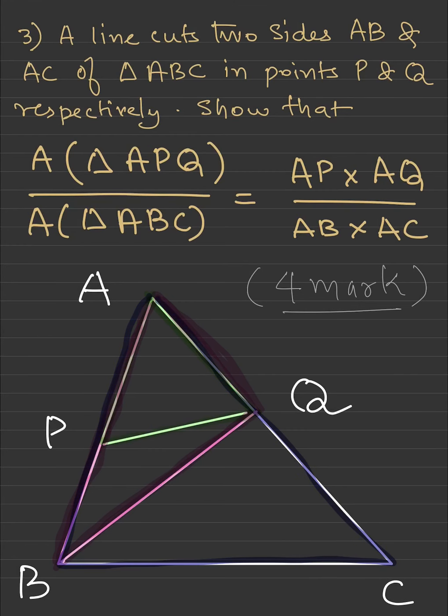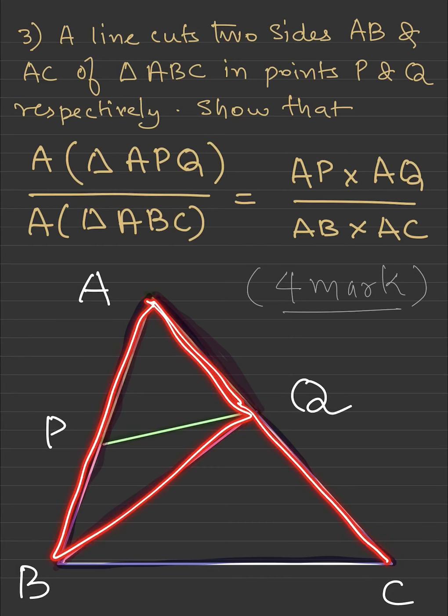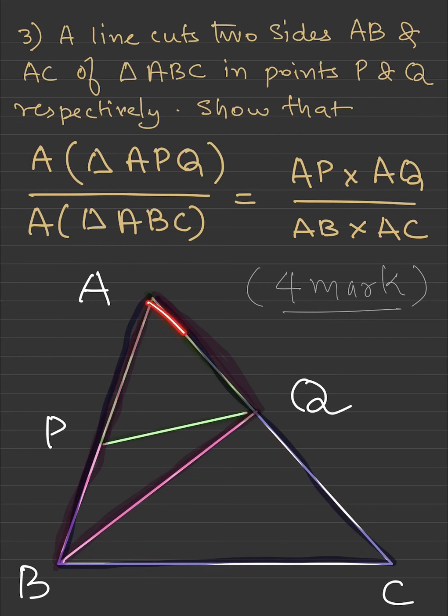So now we consider triangle ABQ and triangle ABC, and we look at both the triangles from this side. The base of this triangle is AQ and the base of this is AC. The bases lie on the same line and both of them have a common vertex B. So the heights are equal, right?